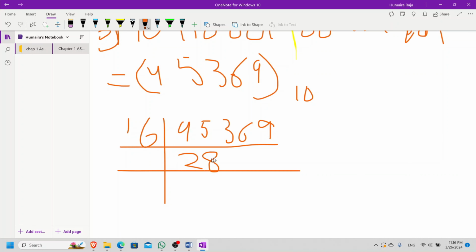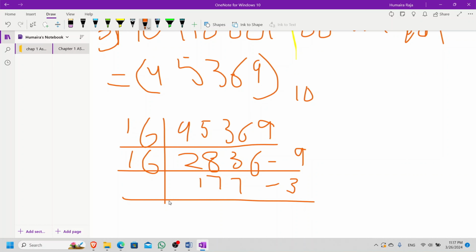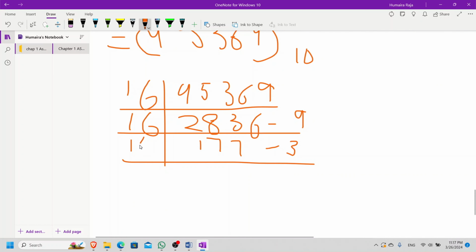By the way, I have already calculated these values, so I am using this. For this you should have good maths. Okay, so remainder will be 9, and 16 times 177, and then we get the remainder 3, and similarly we get 16 times 11 is 176, and remainder is 1.